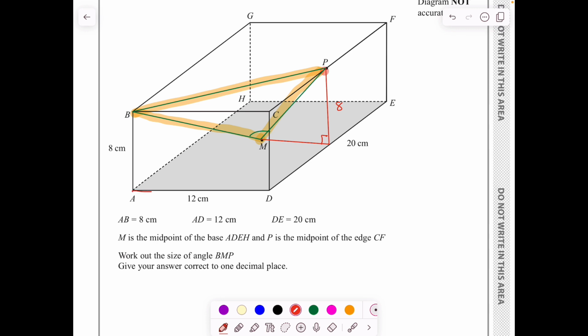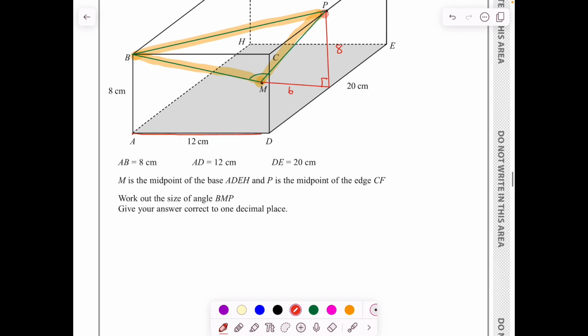Remember, the whole way across the rectangle is 12 centimeters. So halfway is just going to be 6. And MP is the hypotenuse. So MP equals the square root of 8 squared plus 6 squared, which is the square root of 100, which is 10. So we know that this is 10. That's fine. We've done that one. The next easiest one to find is BP.